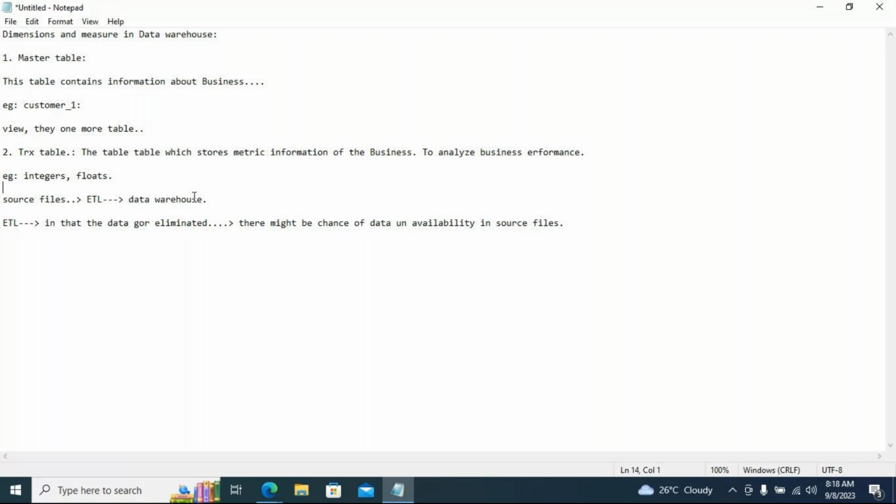Okay, like the way we have two types of tables, master tables and transaction tables. But the thing is, usually primary keys.